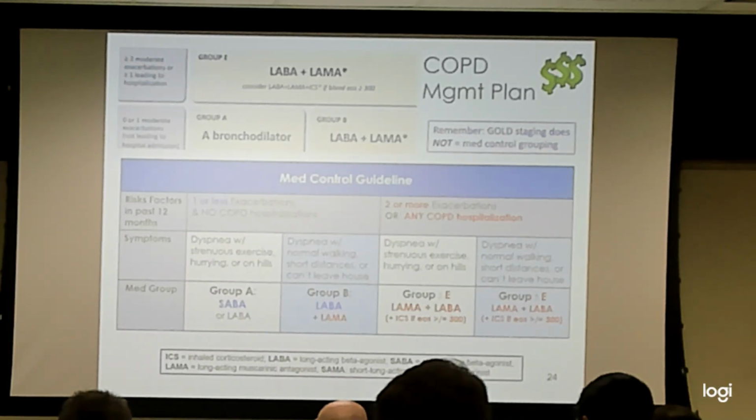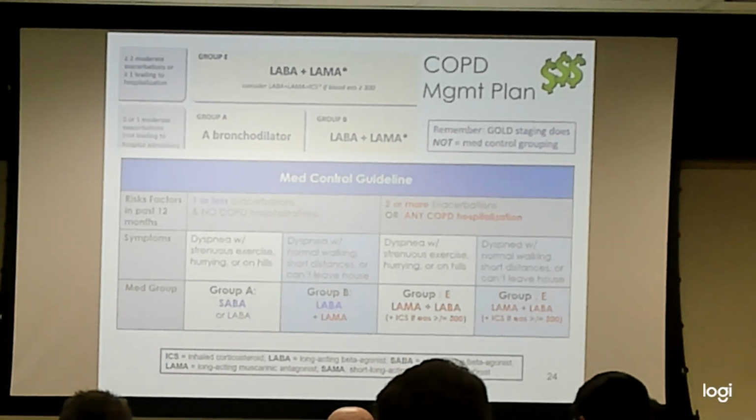And now we see the plus sign. So if we go up to the top, we start with a bronchodilator in group A, and then once we get to group B, now we're saying use them together. Now we're saying use a combined medication.